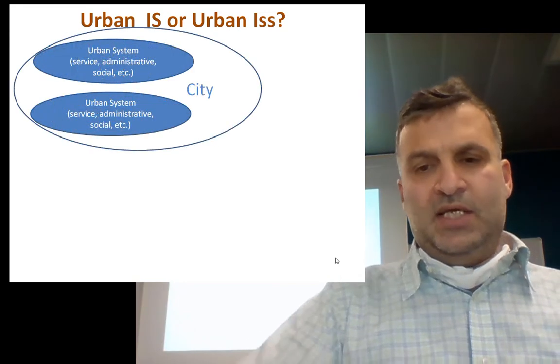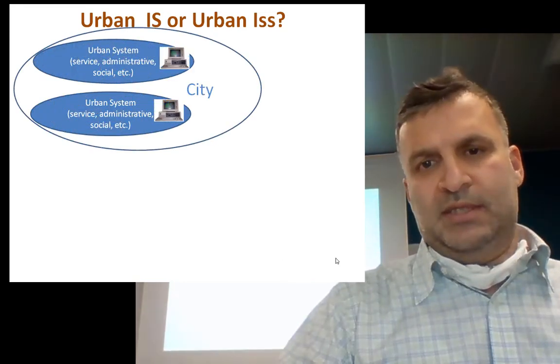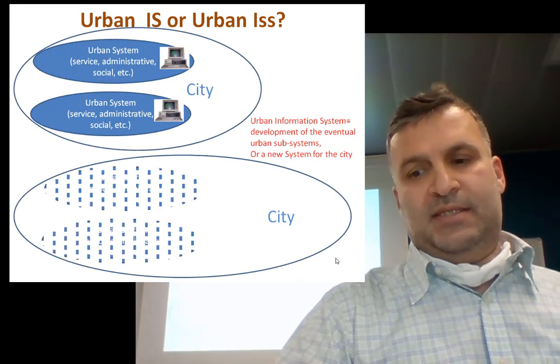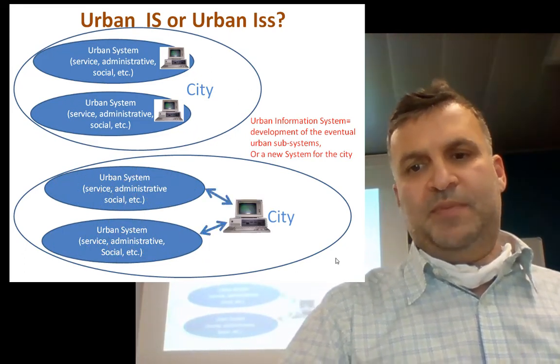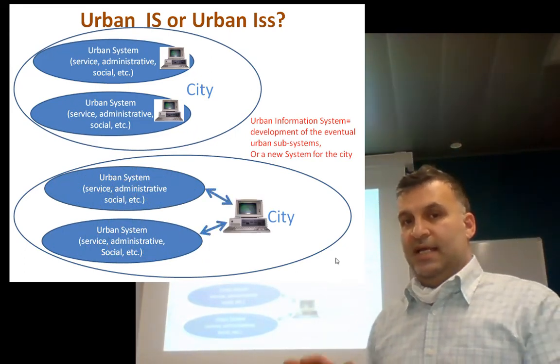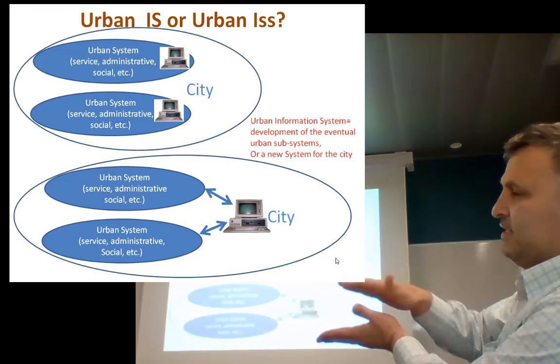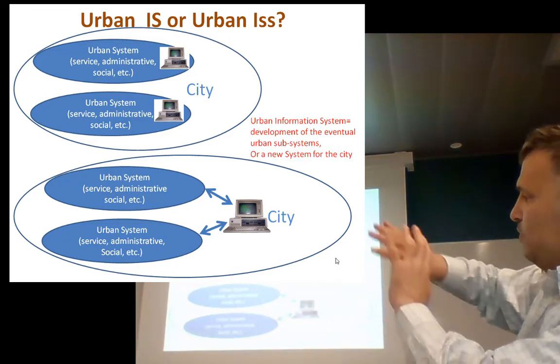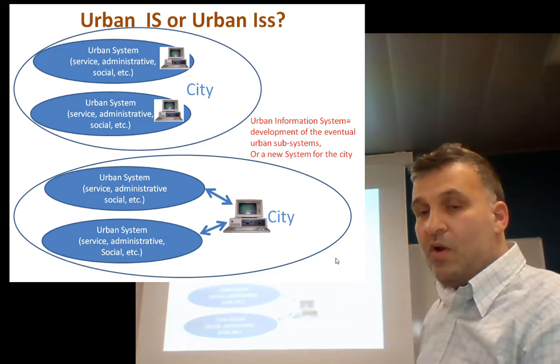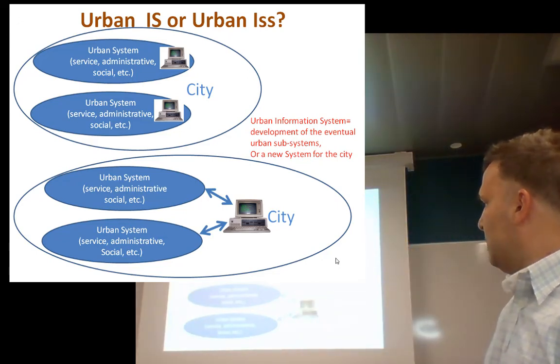If we can change all the system together, it is easier and cheaper. So our goal is to improve each system in the city separately, or to improve the behavior of all the city together.